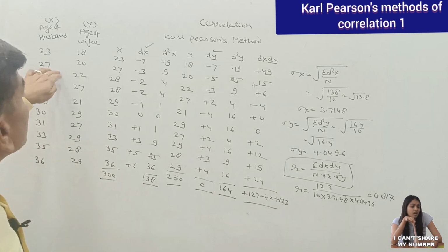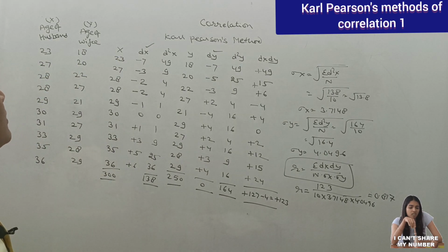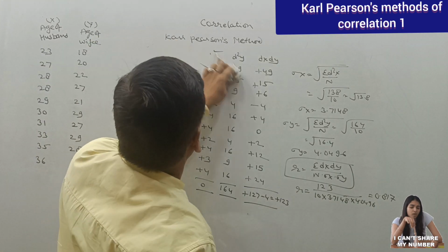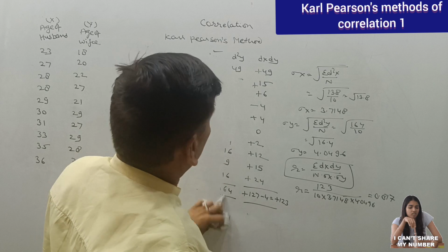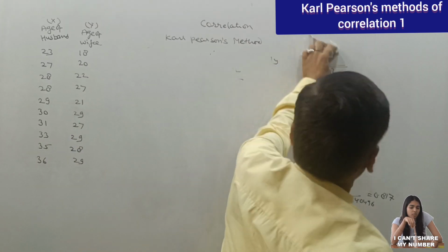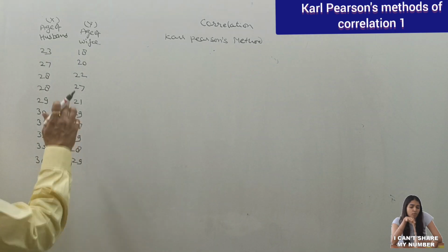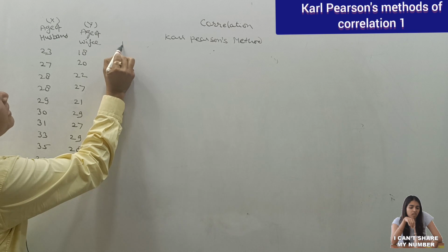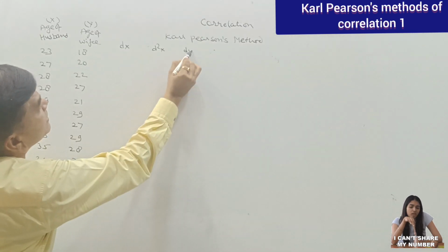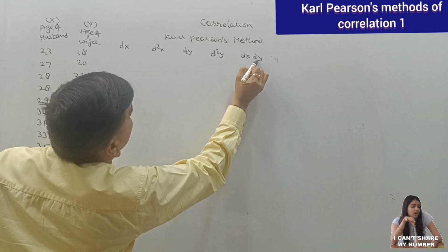The same question we can solve with the indirect method also. So this is the direct method. Again we have the same question with the indirect method, which is called the assumed mean method. So we have the x value, y value, and then dx, d square x, dy, d square y, dx dy.